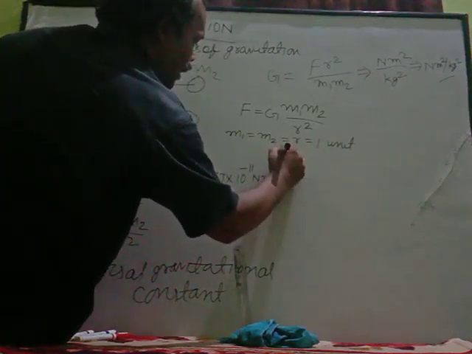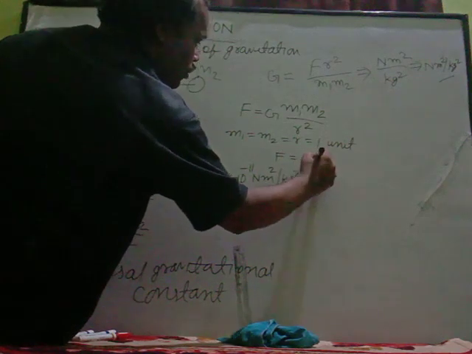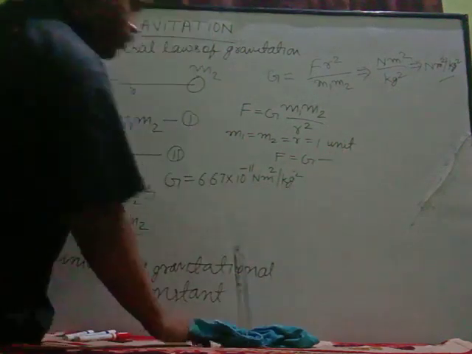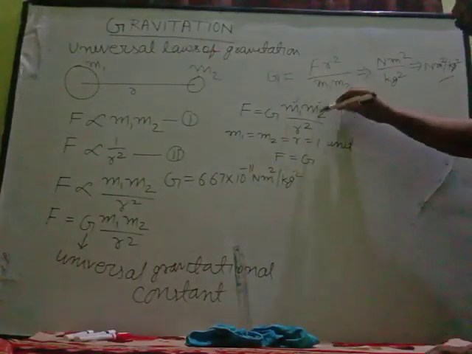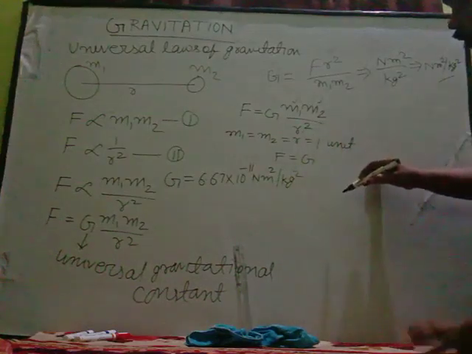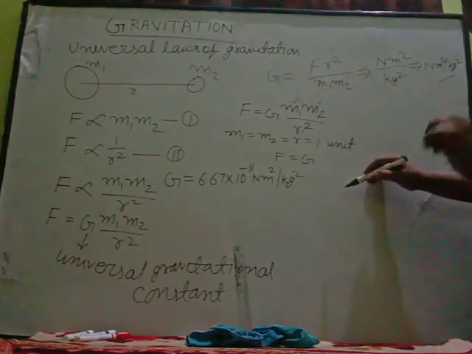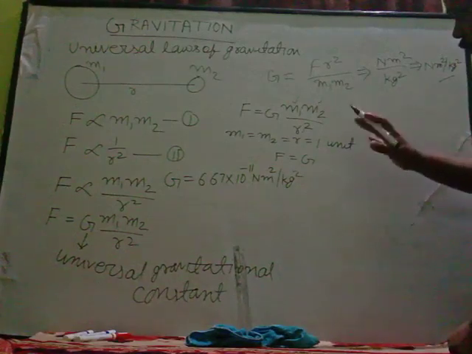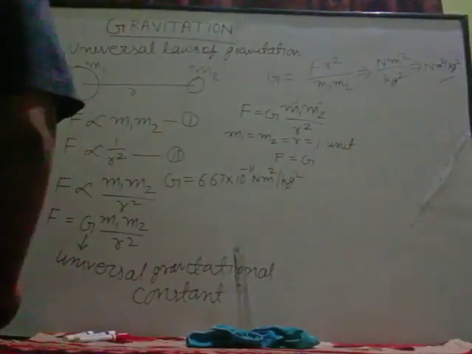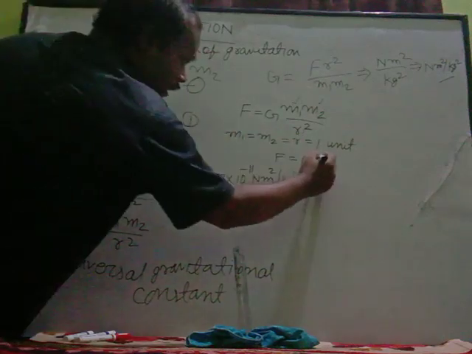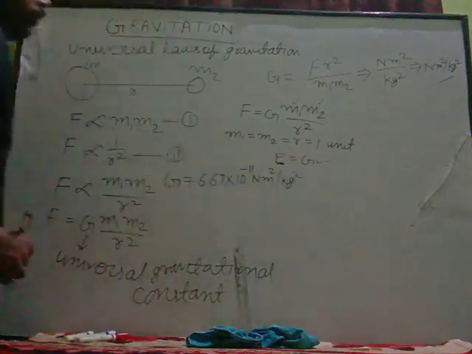Then F is equal to G. See all of you, this is another statement. If you are taking m1, m2 and r equal to unit 1, so try to understand, it will be F is equal to G. So no problem.